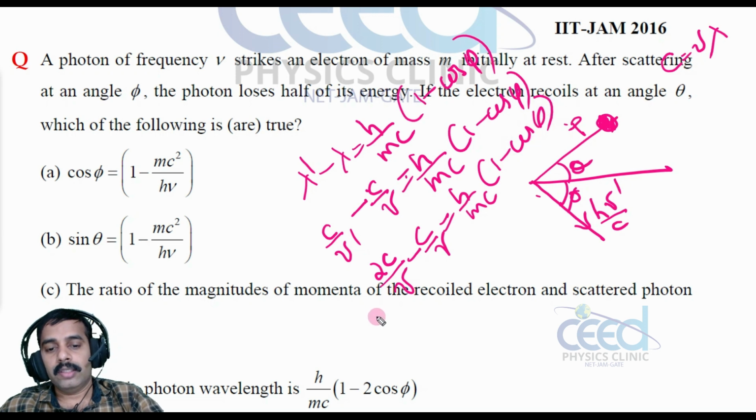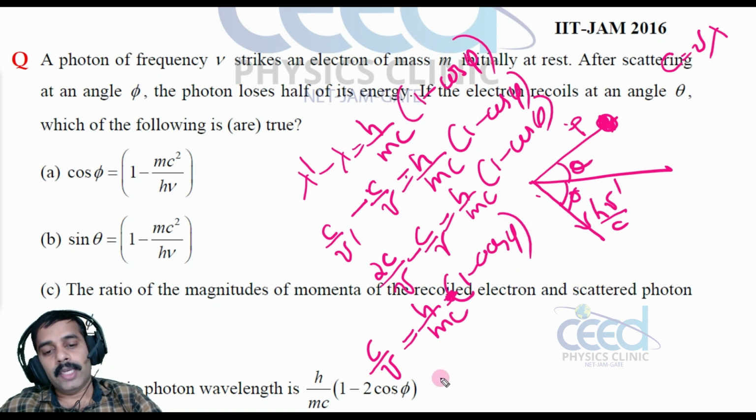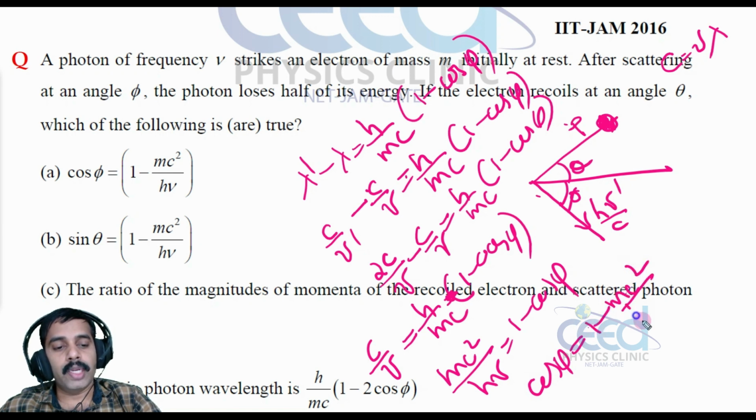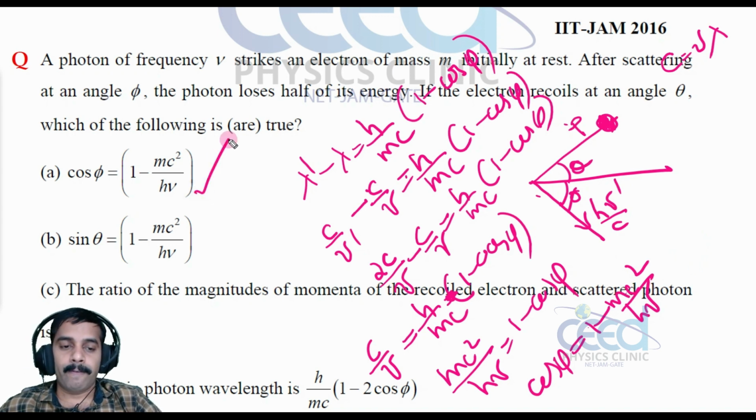That gives mc square by h nu equal to 1 minus cos phi, so cos phi is equal to 1 minus mc square divided by h nu. So this cos phi value, this part is correct.